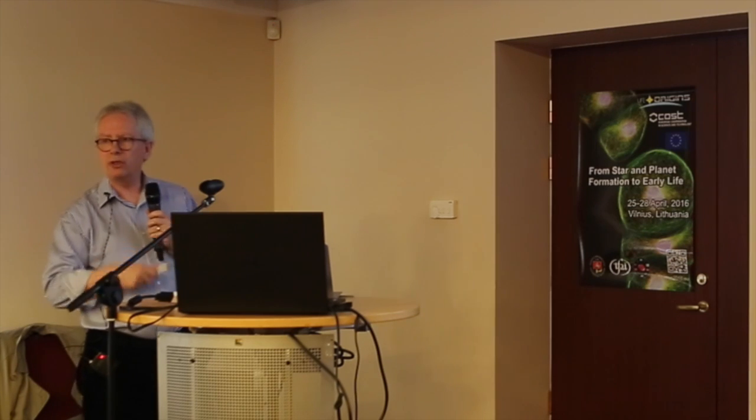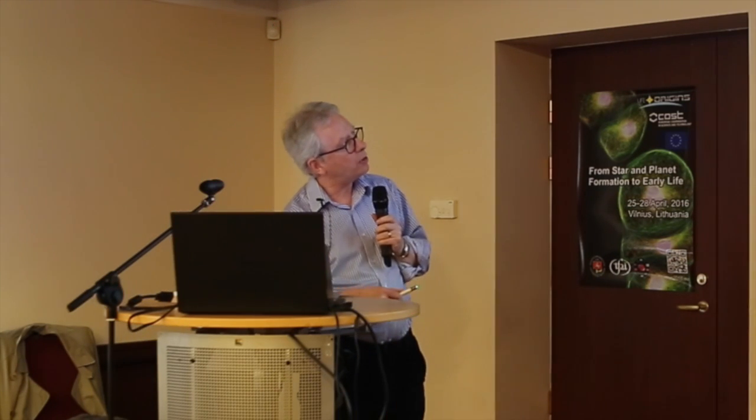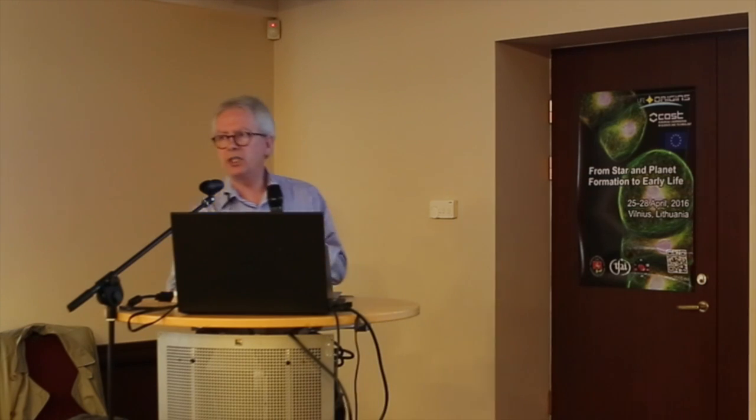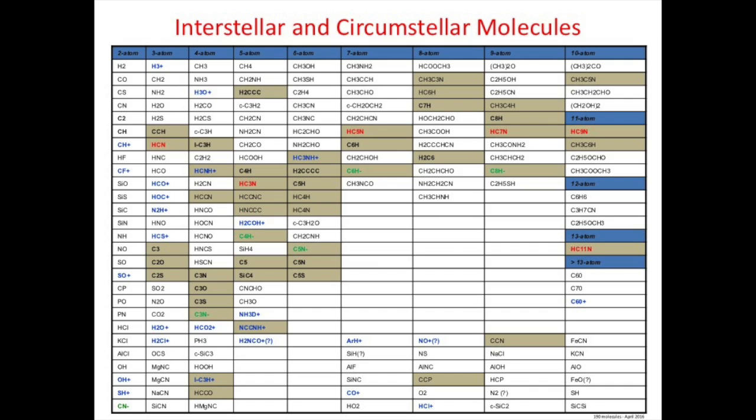A lot of the chemistry that you see in this table, there's I think close to 50 molecules here color-coded, are really carbon chain molecules. Despite the overwhelming abundance of hydrogen, as Florence mentioned to you earlier, in the universe, we see in interstellar molecules a chemistry where hydrogen, at least in some regions, doesn't play a very important role.